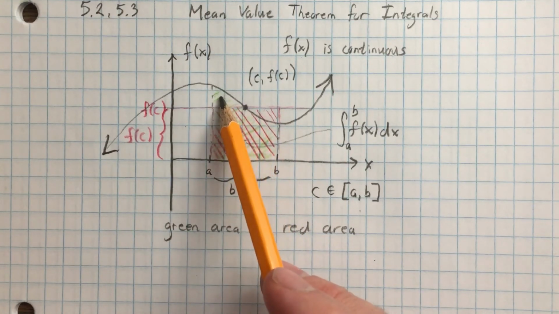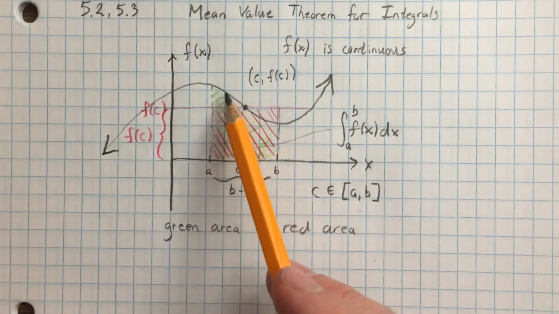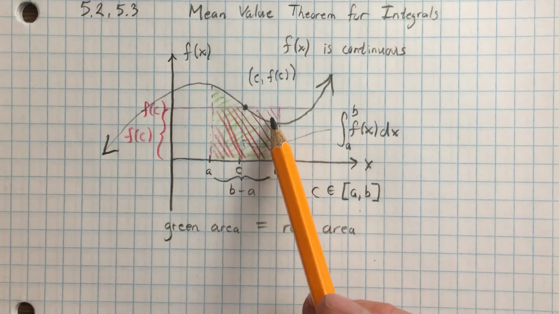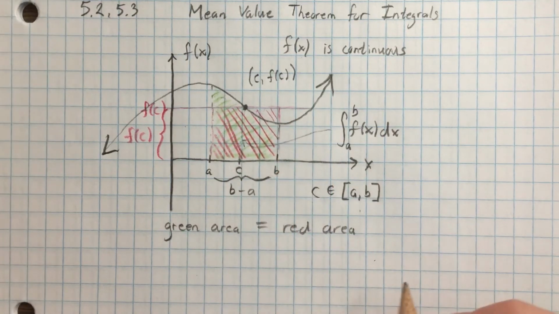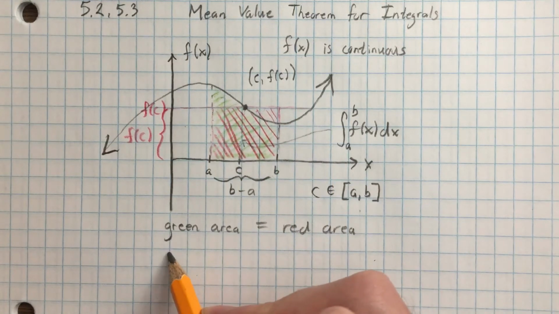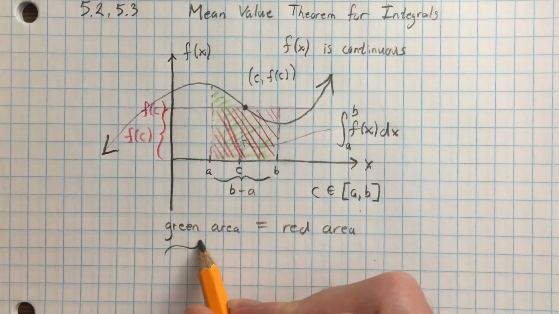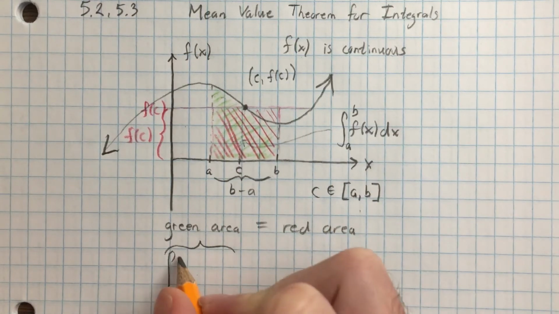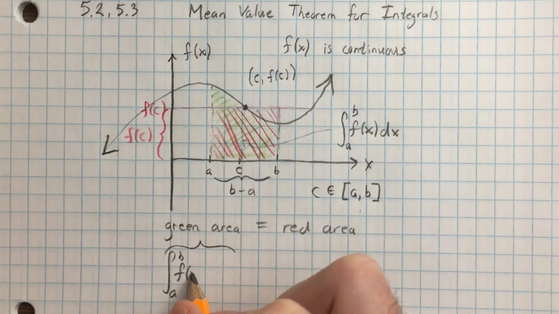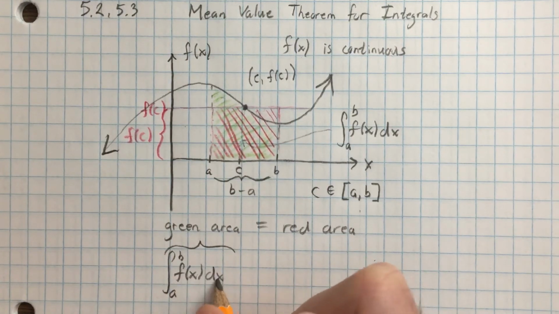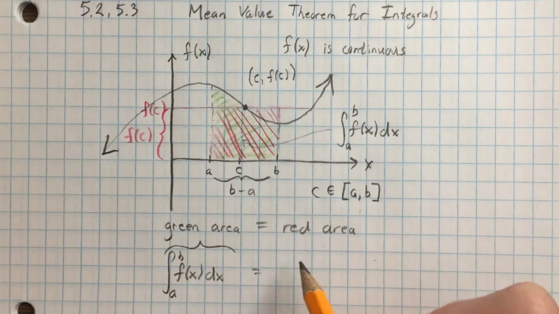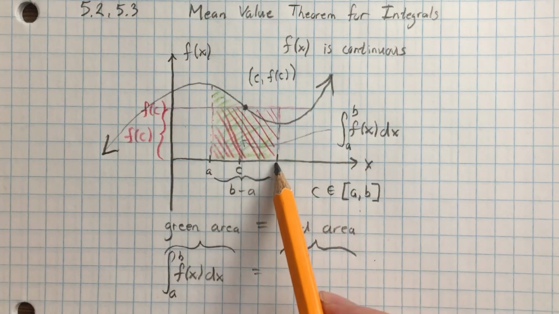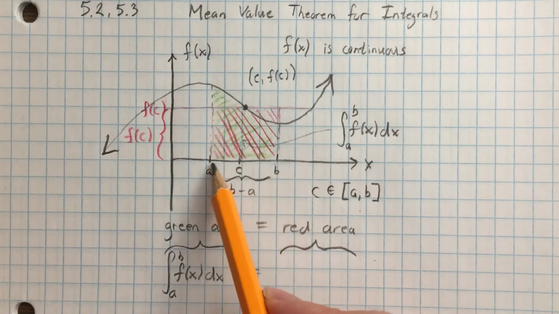Again, if you were to in a sense pour this leftover material above into this ditch below, it should fill exactly, would be the idea. But the green area is our integral expression. And the red area is a rectangle, so therefore it's simply base times height.